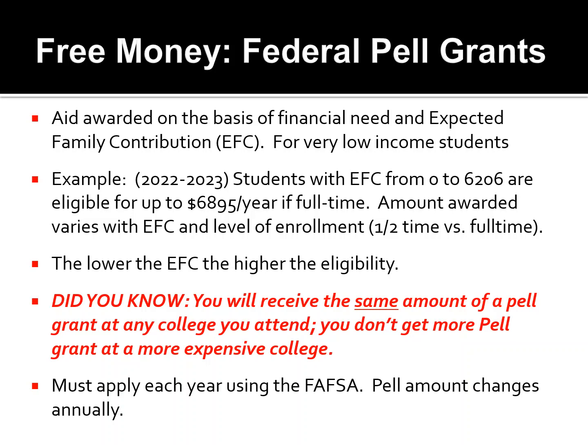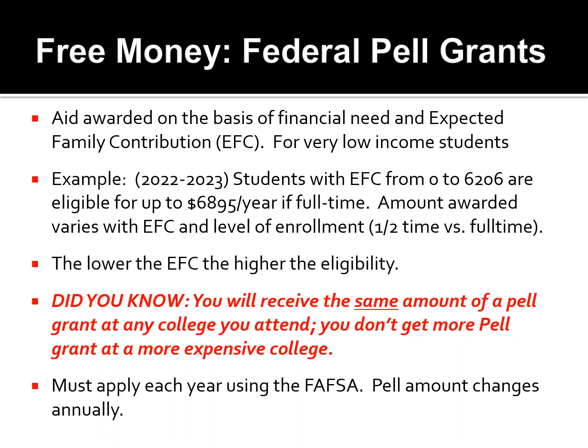So here's an example. For the 22-23 school year, a student with an EFC of 0 to 6,206 can be eligible for up to $6,895 per academic year if they are a full-time student.